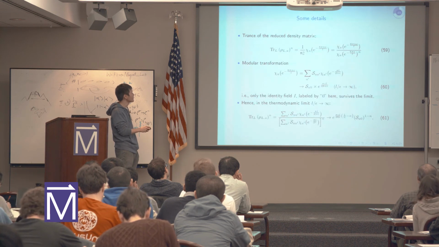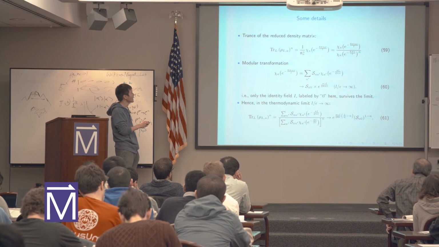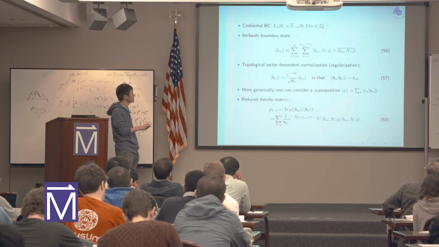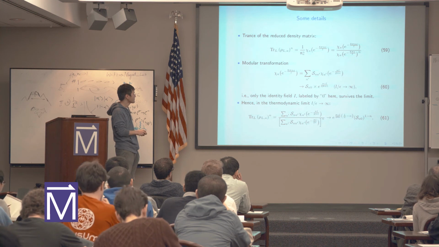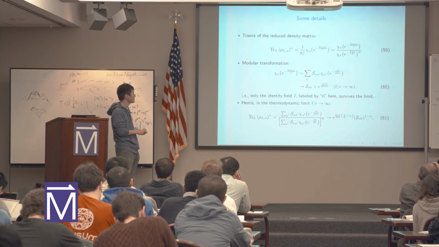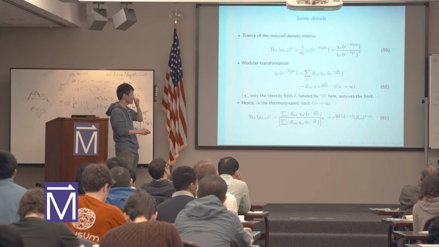With some more details, this can be represented using this formula. This is just a straightforward calculation to show the power of the reduced density matrix, and if you take a trace, it is given by this formula.